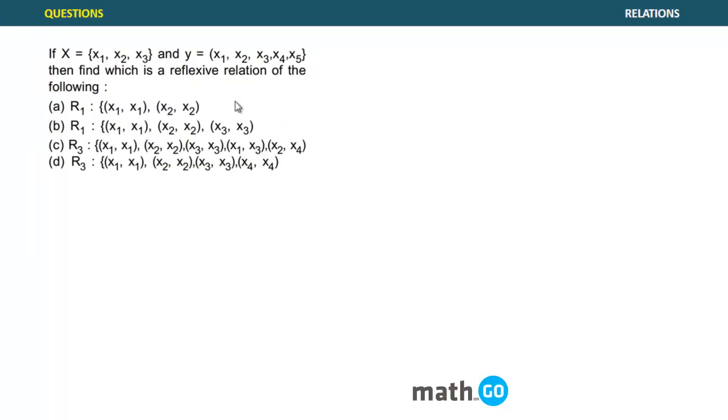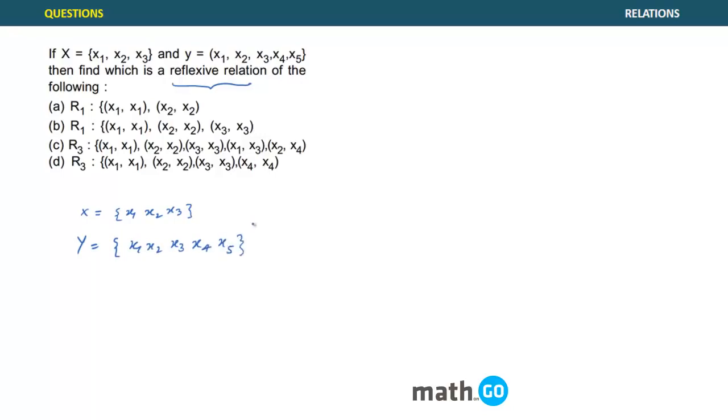Okay, so here there are again questions which are saying that X is a set and Y is a set. X has 3 elements, and this particularly is a relation where you are trying to find the number of reflexive relations. Very interesting. Let's see. x1, x2, x3 are the elements in the set X. The Y set has 5 elements: x1, x2, x3, x4, and x5.